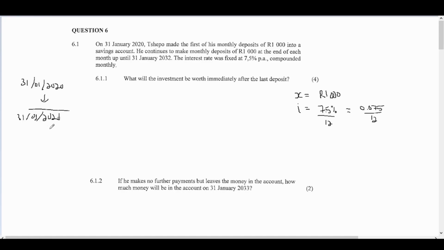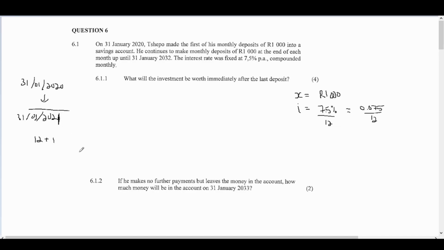So we go to the 31st of January, and how you would calculate the number of months between these two dates: you know that there are 12 months in a year, so you go from January, February, all the way to December, that's 12 months, and including our January month it becomes 13. So that is 12 plus 1. It's all the months from 2020 and the 1 month from 2021.